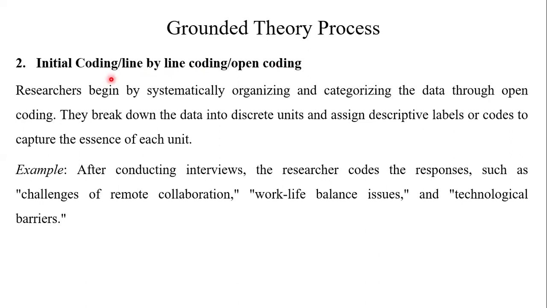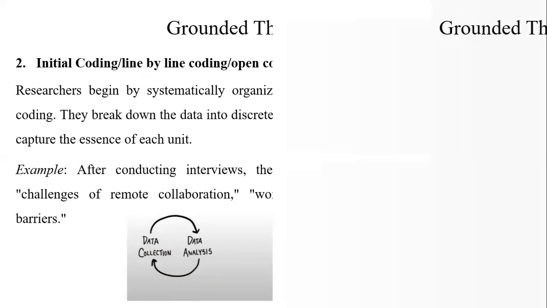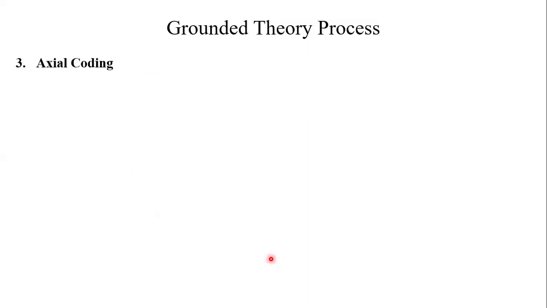So at this level, you code the responses of the respondent line by line by generating initial codes. This is the process where you collect data, you analyze data, and you generate some initial codes from whatever they have said in their responses. In the second phase, you generate the axial coding.